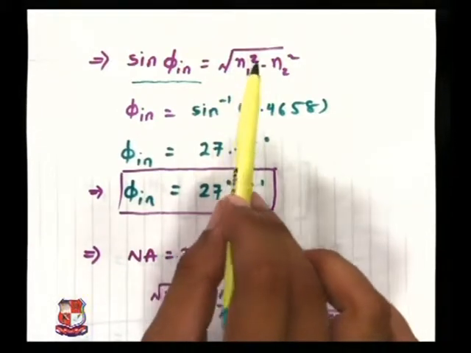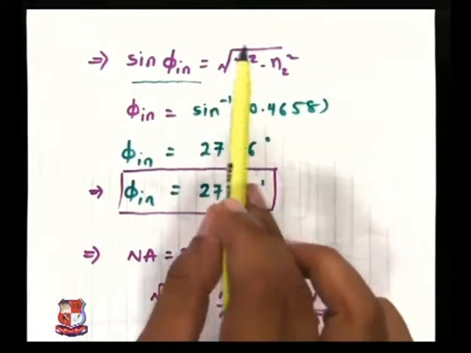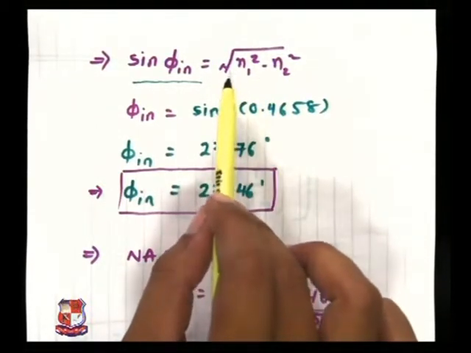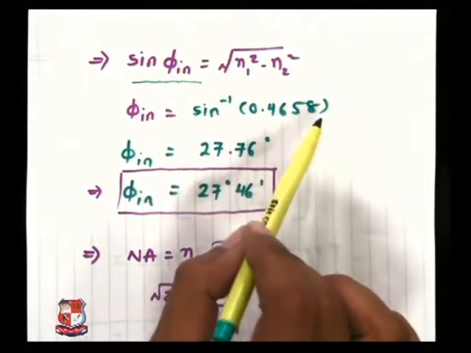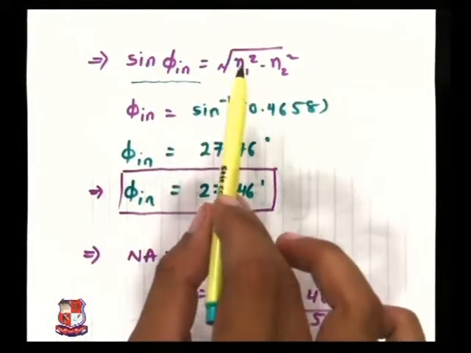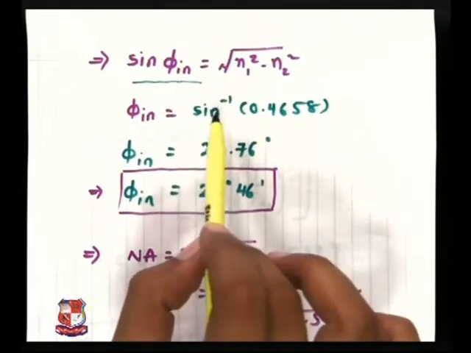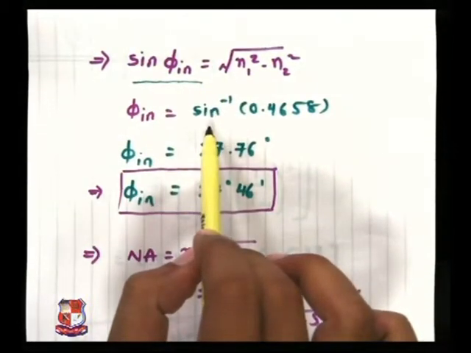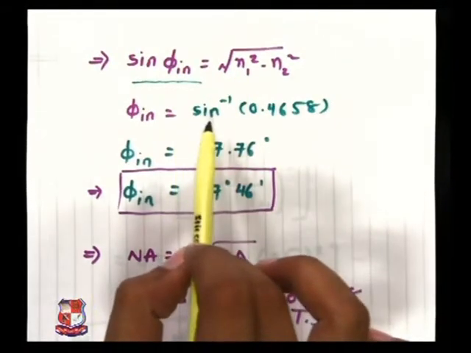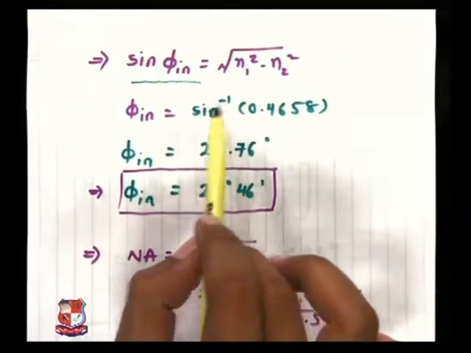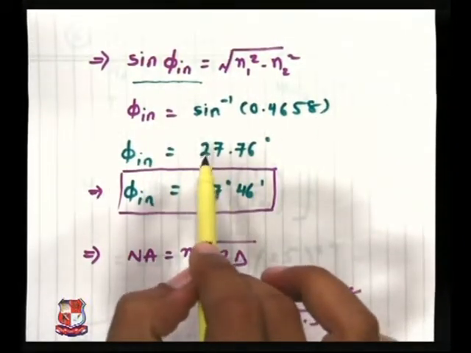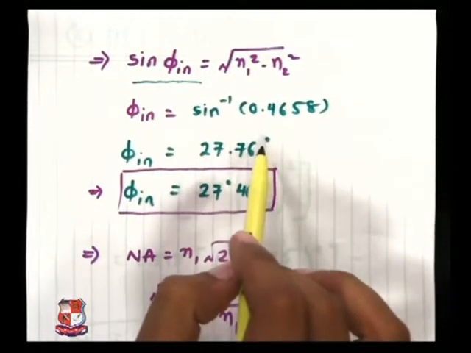We already calculated under root eta 1 square minus eta 2 square, and the answer is 0.4658. So taking the sine to the other side, it will be converted into sine inverse. Taking the sine inverse of this value, you will get the answer, that is 27.76 degrees.